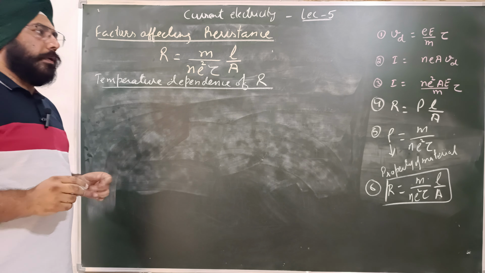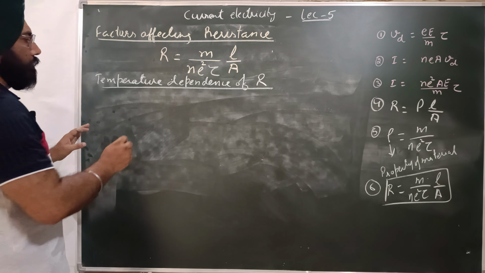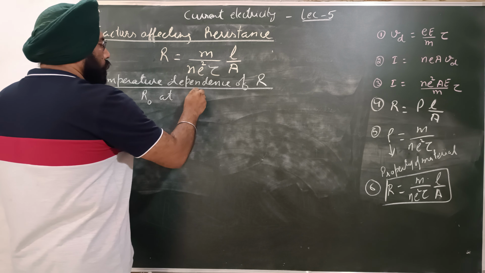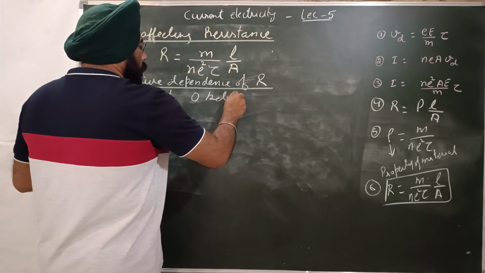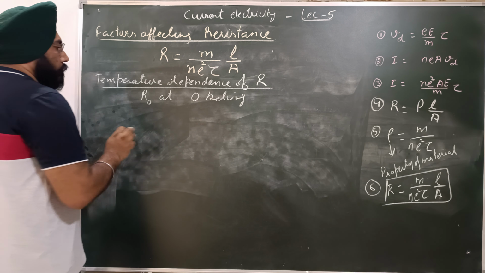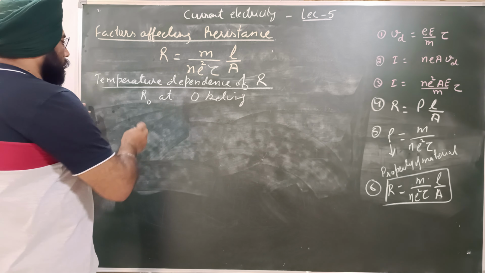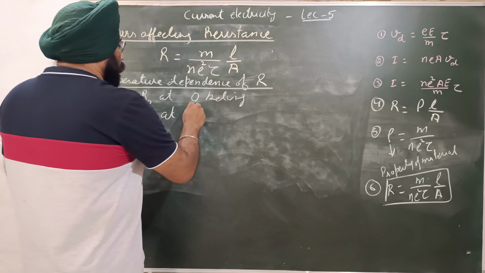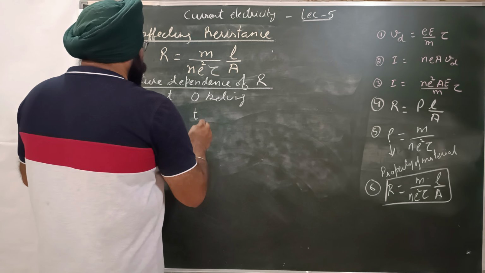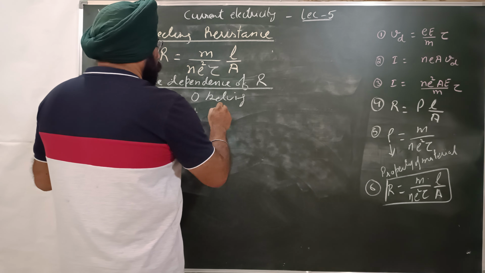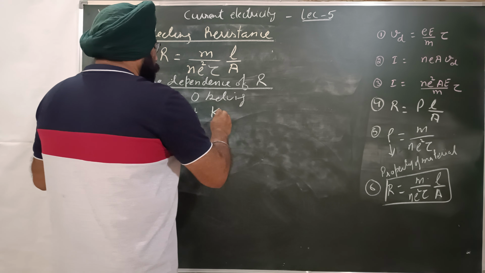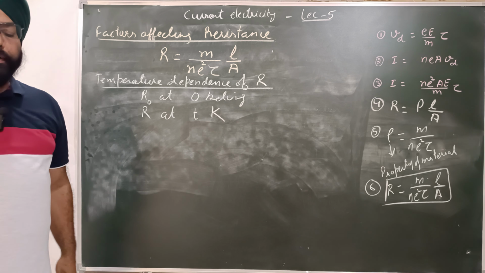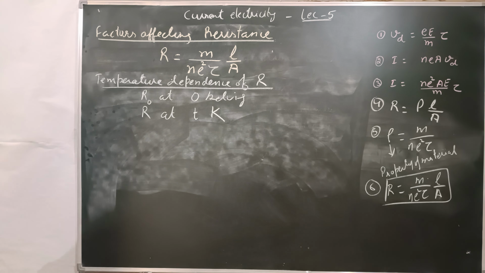If some conductor has resistance R naught at 0 Kelvin, with rise in temperature the resistance increases. Let us say the final resistance is R at T Kelvin.